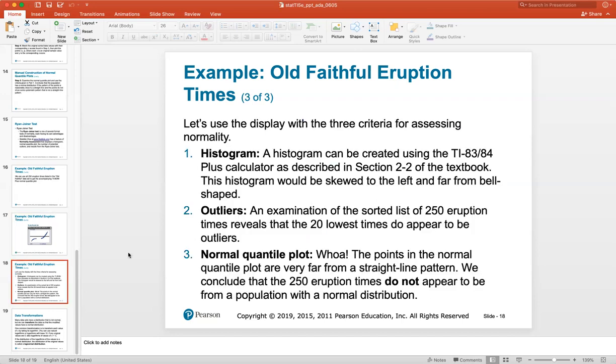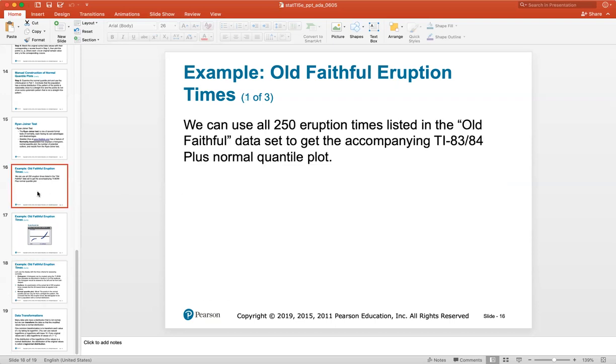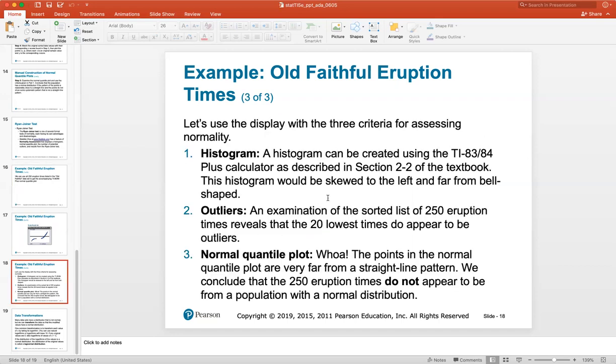So now let's use the 3 criteria for assessing normality. A histogram can be created using the TI-83 calculator. The histogram would be skewed to the left and far from bell shaped. If you plot the histogram of these 250 eruption times, you will see the skew to the left.